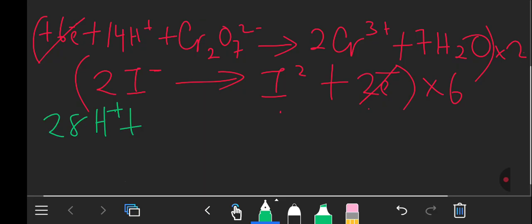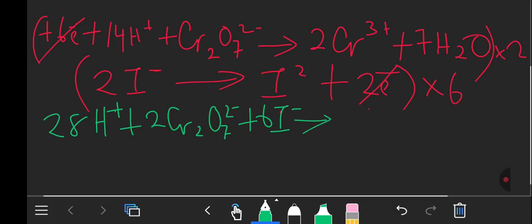So we're going to have plus 2 multiplied by dichromate, 2 Cr2O7 2 minus. Then we come to the bottom. What do we have? We are going to have 6 multiplied by 2 iodide, so we're going to have plus 6 iodide, like that.